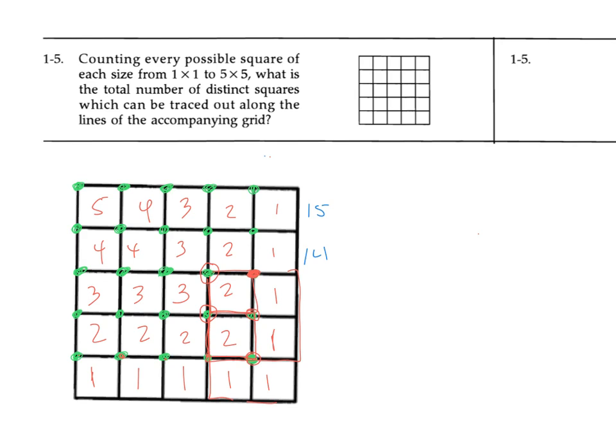This gives you a 12. This gives you a 9. And then this last one gives you a 5. And if you add those up, you get your answer, which is 55. So I shouldn't have written 15. 55.